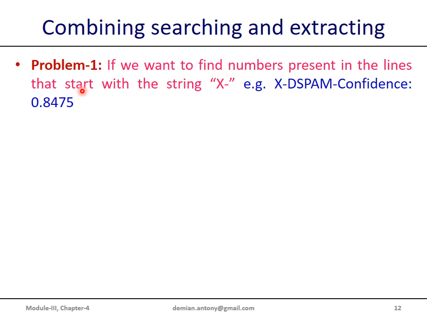Take up one problem: to print the lines having the text and the numbers of the form capital X, hyphen, and any string like this, followed by colon, followed by a number, whole number or a floating point number or real number.